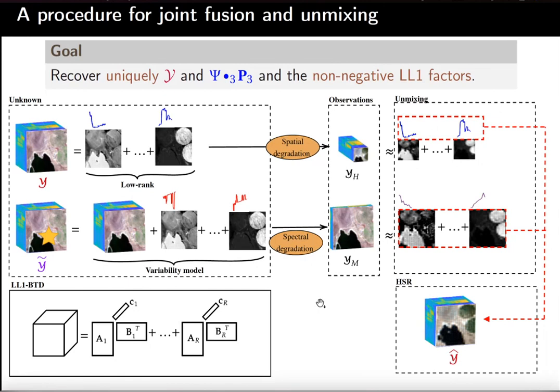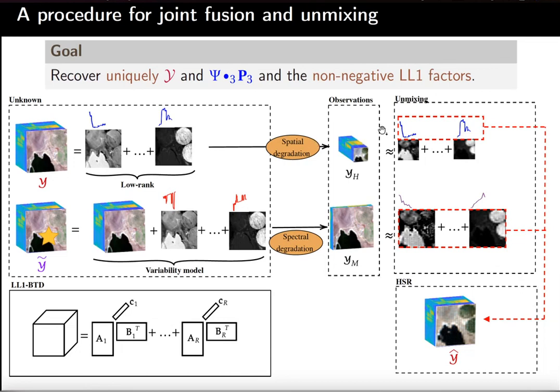Let me explain this procedure. Our goal here is to recover the super resolution tensor as well as the variability tensor to have some information about what's happening. So this is the fusion part, and the unmixing part is also to recover the non-negative LL1 factors that can be interpreted as mixing factors. So we have our degradation model that I introduced before, and starting from our observations, what can we obtain?